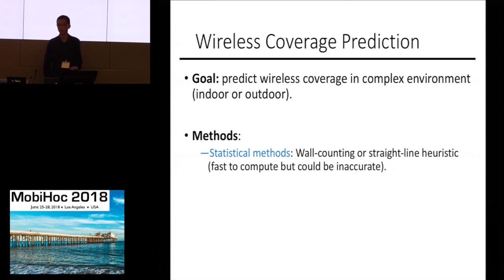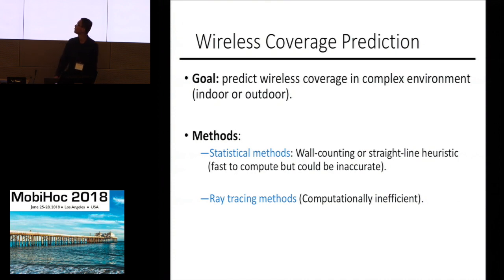The second method is called the ray tracing method. As opposed to the statistical method, which mostly uses only the straight line path, in the ray tracing method we consider multiple paths that capture different patterns of reflection or diffraction or other characteristics of electromagnetic waves.